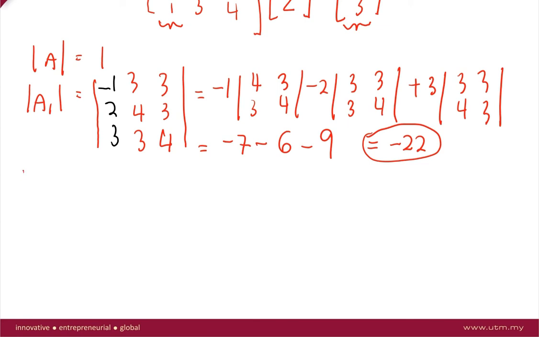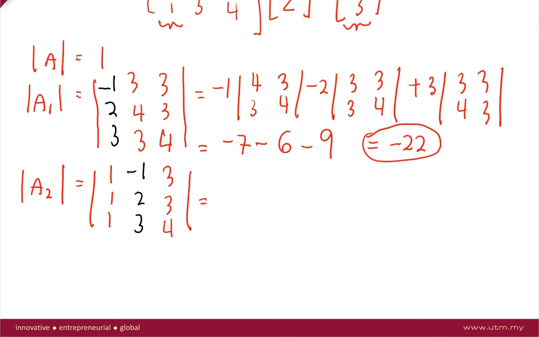Now we calculate for A2. For A2, you replace matrix B into the second column. For matrix A, I'm using the first column.